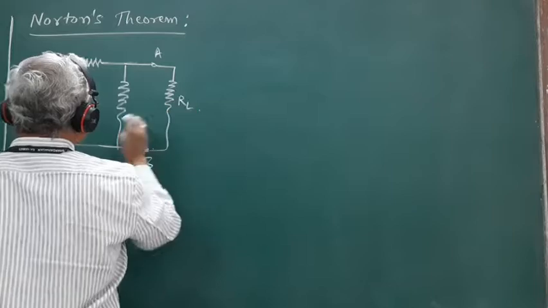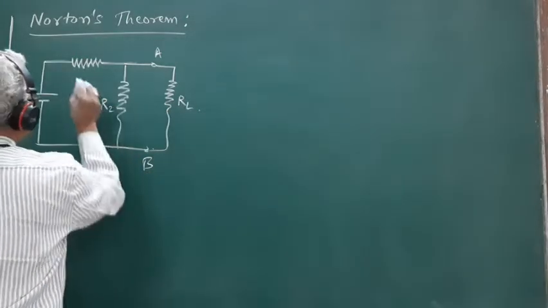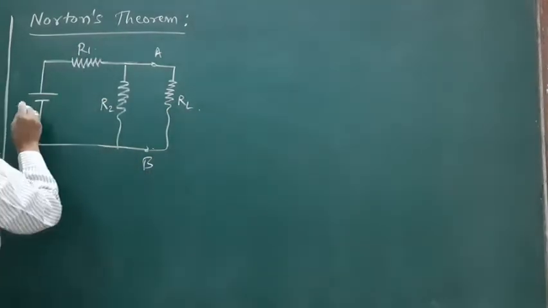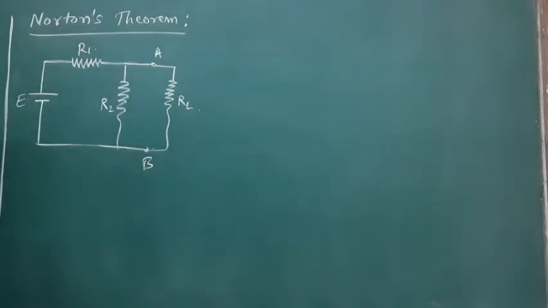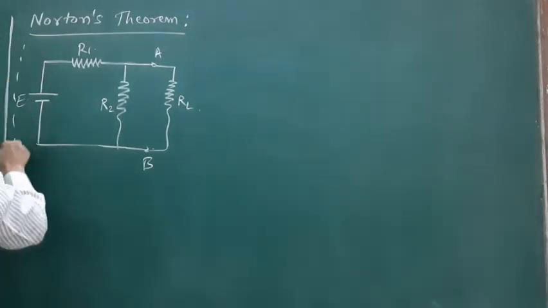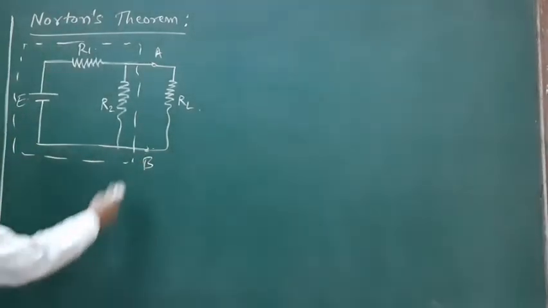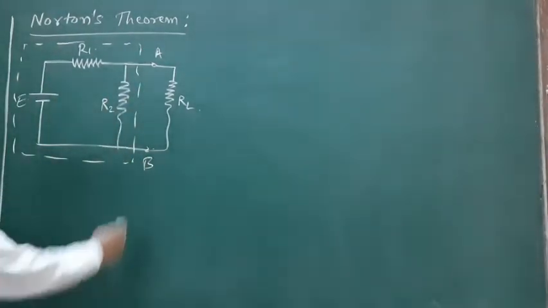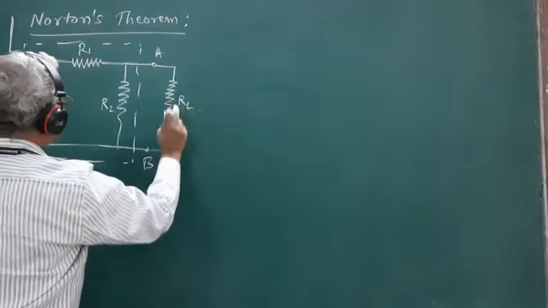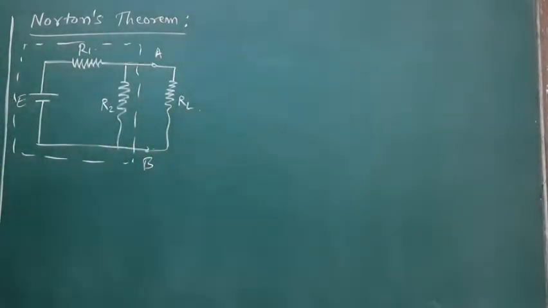This is the load resistance RL, this is resistance R2, this is resistance R1, and this is the source E. And we have this complicated network to the left of the terminals A and B, and to the right of the terminals A and B, we have the load resistance RL connected.